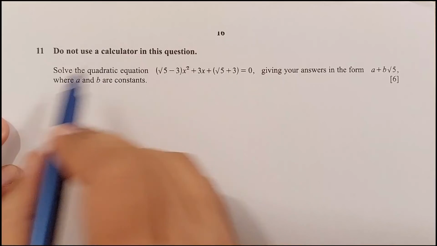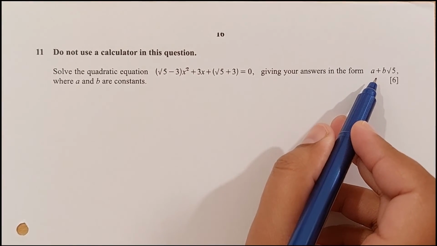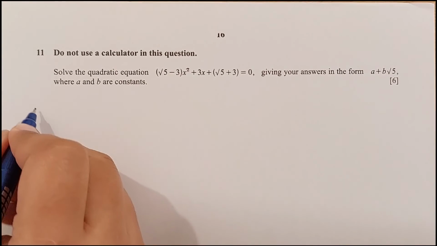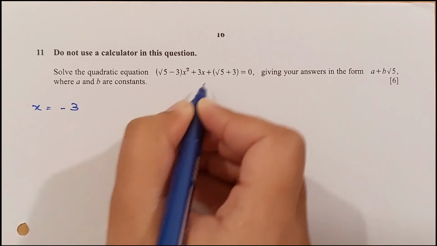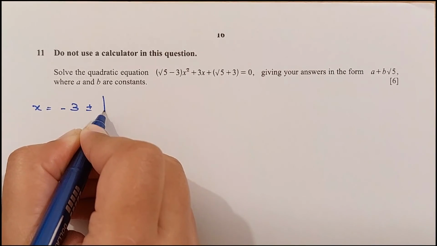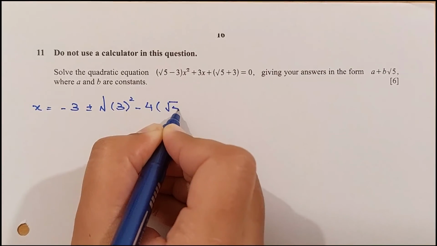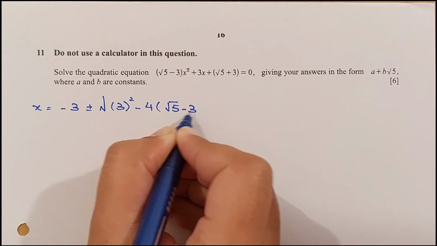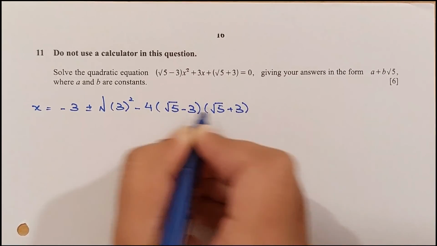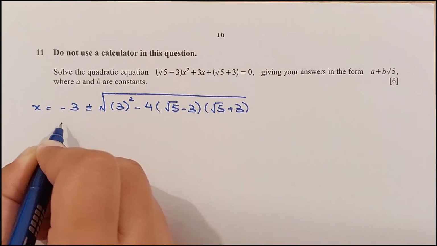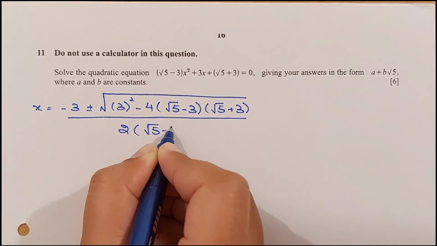Do not use a calculator in this question. Solve the quadratic equation giving your answer in the form of a plus b square root of 5 where a and b are constants. Okay, quadratic formula, we have to apply: x is equal to negative b, this is 3, plus minus square root of b squared minus 4 times the a value, square root of 5 minus 3, times the c value, square root of 5 plus 3, whole square root, divided by 2 times the a value, square root of 5 minus 3.